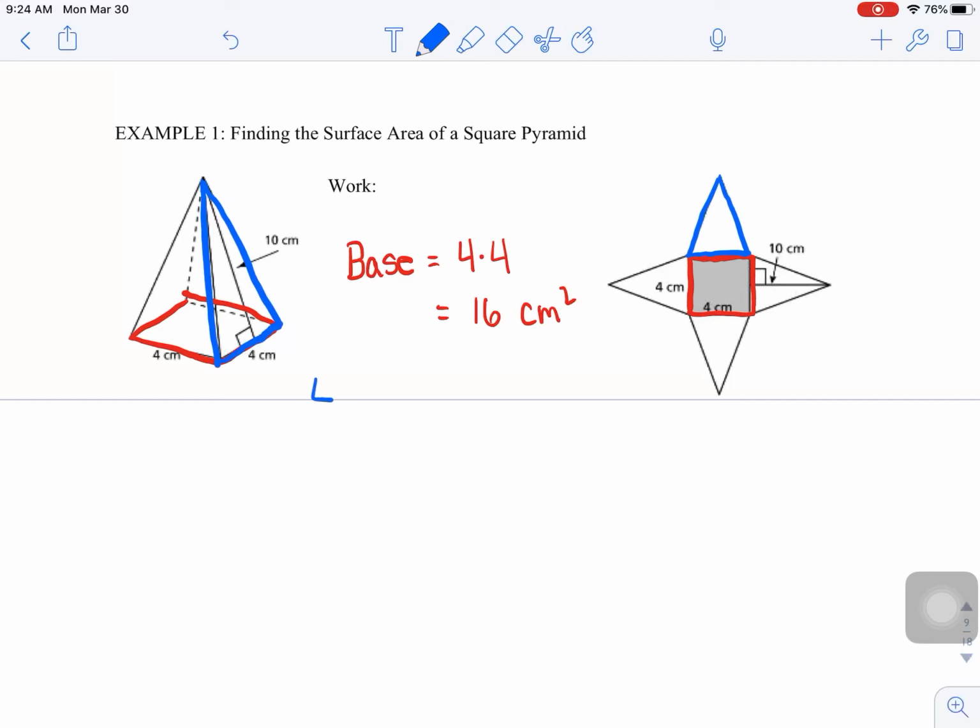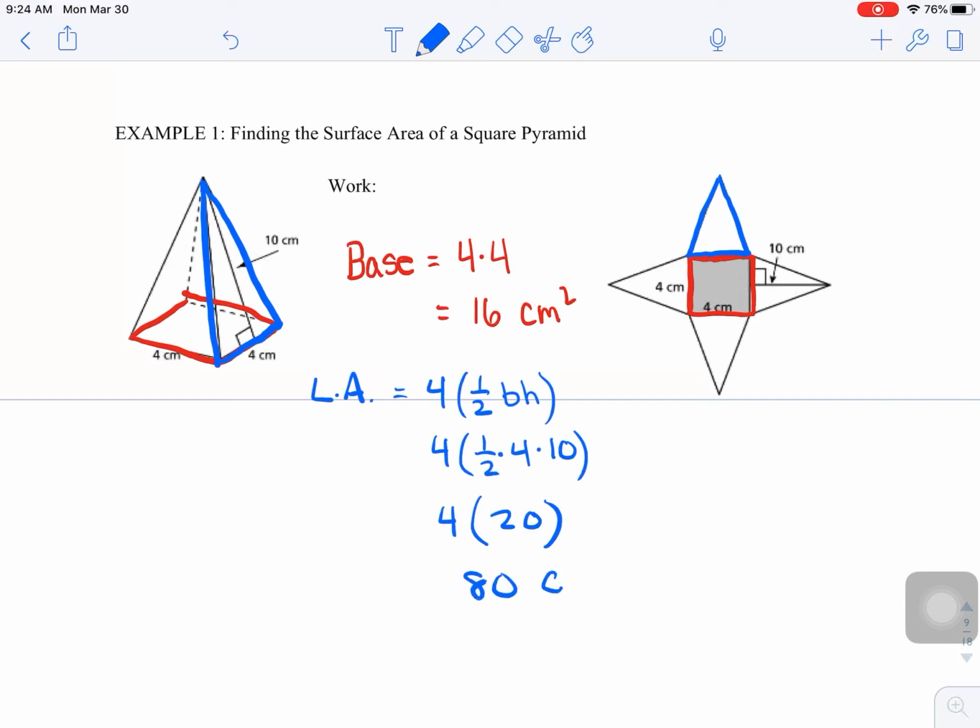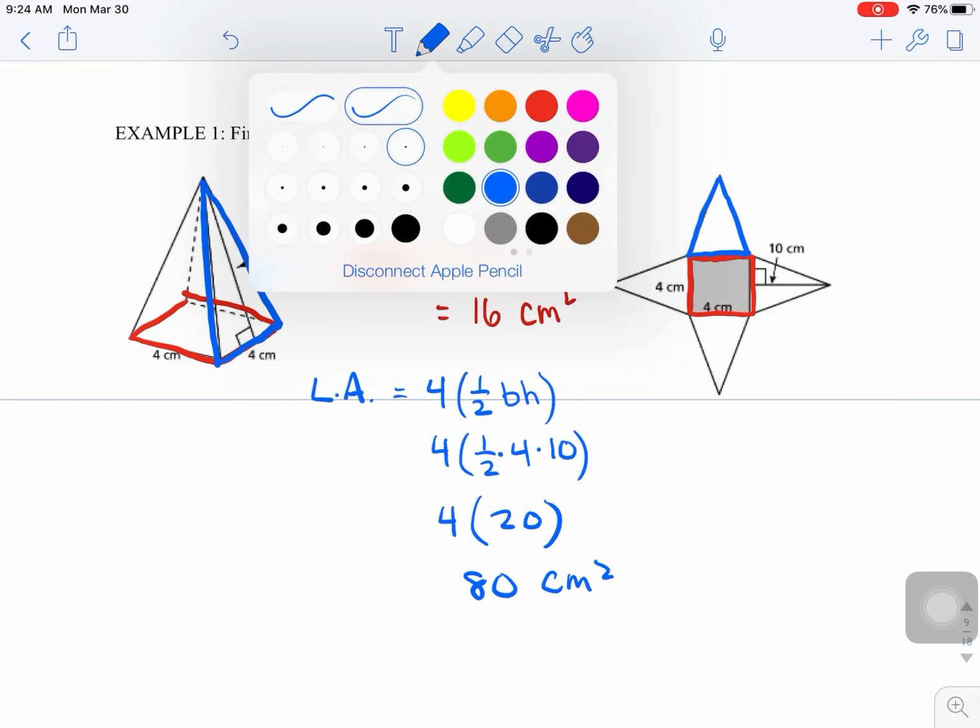So we said lateral area. Again, there are 4 triangles, and it's 1/2 base times height. If I plug in the numbers, the base was 4 and the height is 10, which would give me a total of 80 centimeters squared. Again, you could use your calculator. I just broke that down piece by piece in my head when I multiplied.